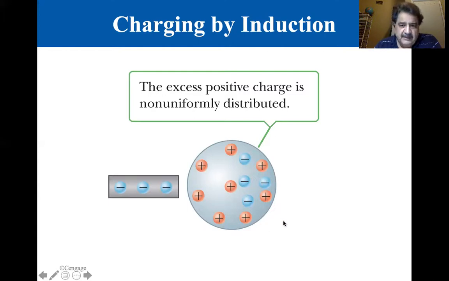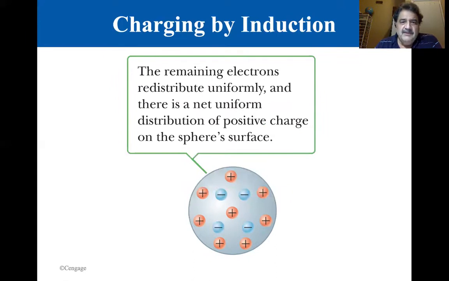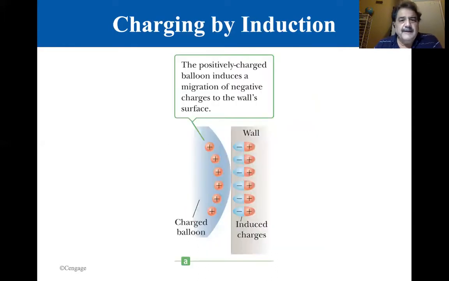If you count them up, there still are more positive charges than negative charges. And even if we remove the negatively charged rod, the remaining electrons redistribute uniformly, and there's a net uniform distribution of positive charge on the sphere's surface.